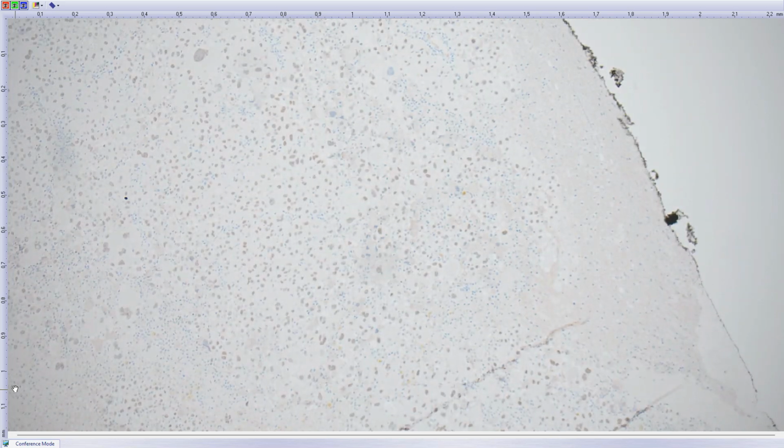So our final diagnosis was it could be either poorly differentiated / undifferentiated pulmonary carcinoma with SMARCA4 loss of expression, or so-called undifferentiated SMARCA4-deficient thoracic neoplasm.